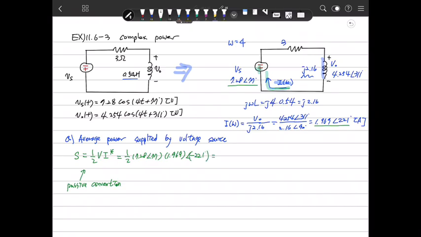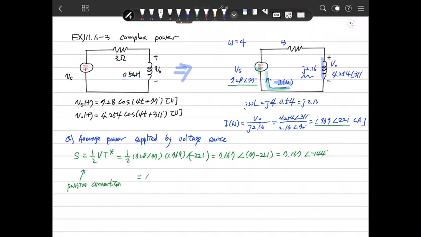So the value is 7.167, and the phase angle is 77 minus 221, which is minus 144 degrees.